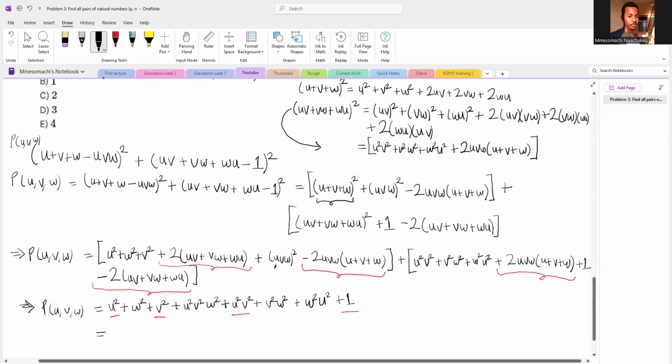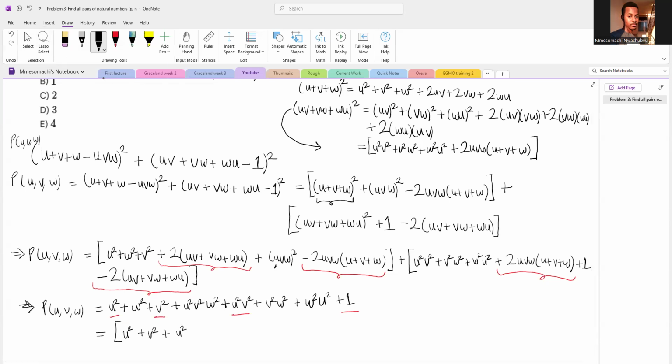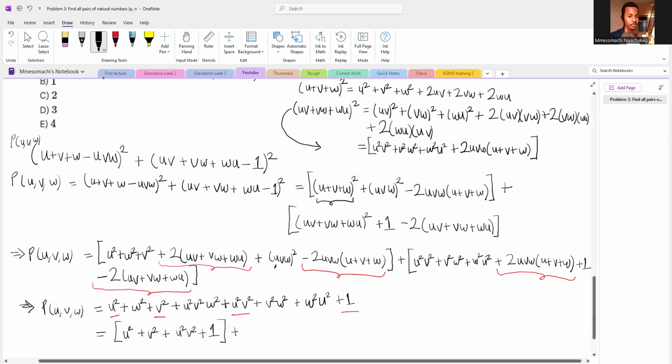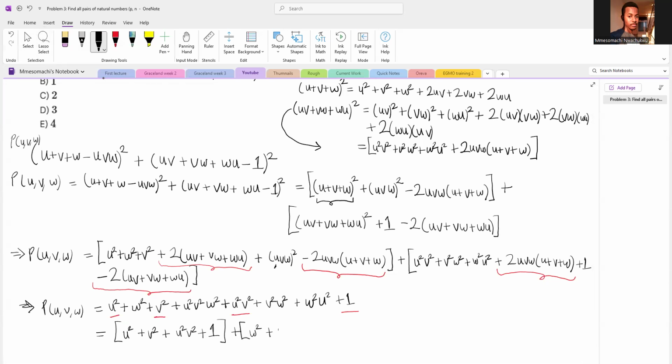So this is equal to U squared plus V squared plus U squared V squared plus 1. Okay, and then we have plus W squared plus U squared V squared W squared plus V squared W squared plus W squared U squared. Okay, yeah, so we have this.